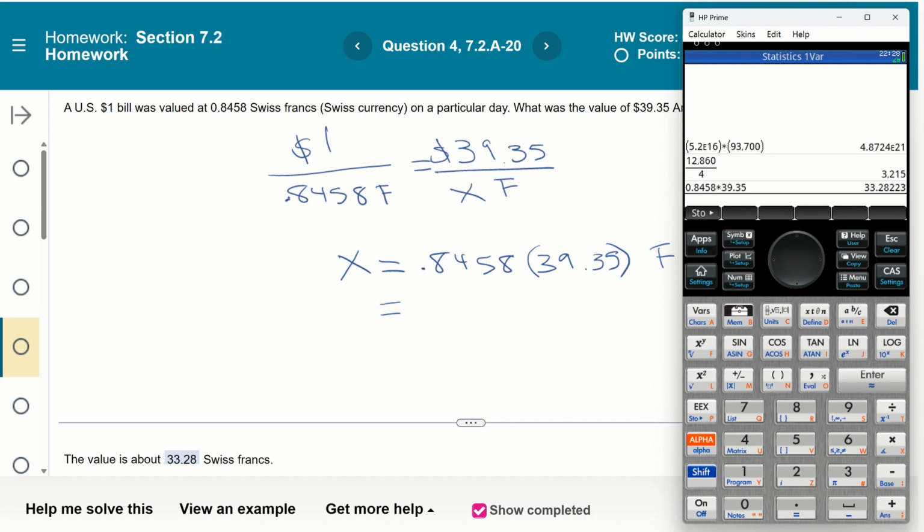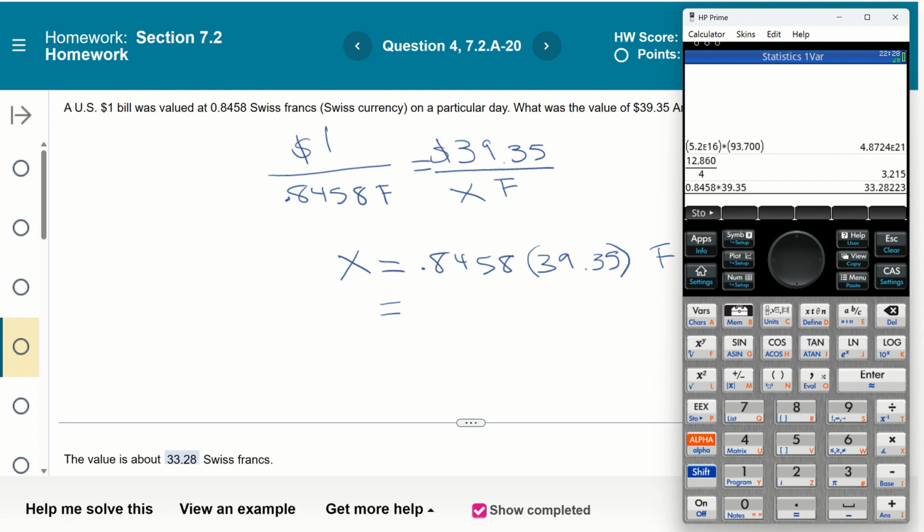Now, when it comes to money, we basically don't need to worry about anything beyond the nearest hundredths, right? Because even with dollars, we only have cents, so we go to the nearest hundredth. So notice that the digit to the right of the hundredths digit is a 2, so we're going to keep the 8, chop the rest, right?